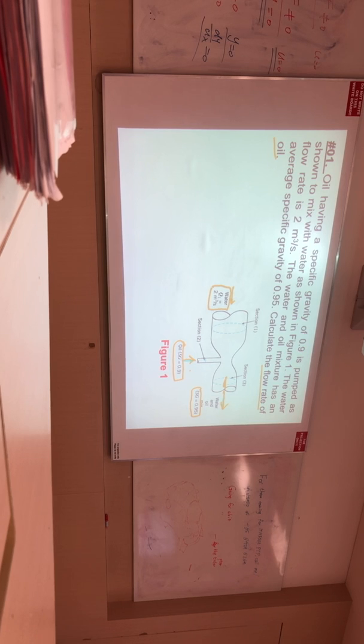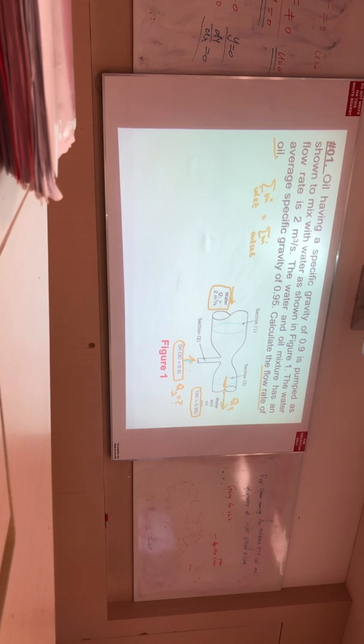What is the oil flow rate? I say this is Q2, and this one I say is Q3. They ask for the value of the volumetric flow rate Q2. How to find Q2? What is the basic equation? The summation of mass flow rate at the inlet is equivalent to the summation of mass flow rate at the outlet.